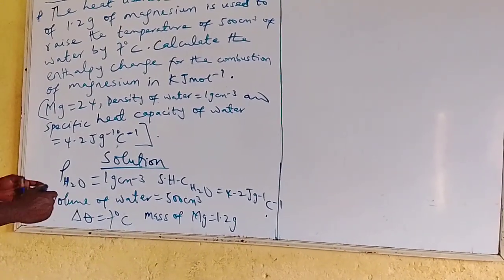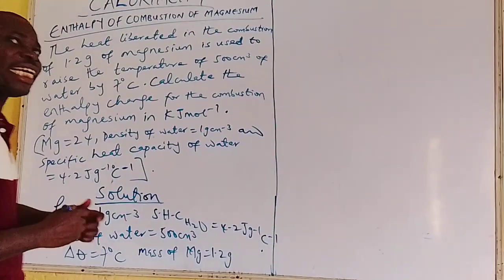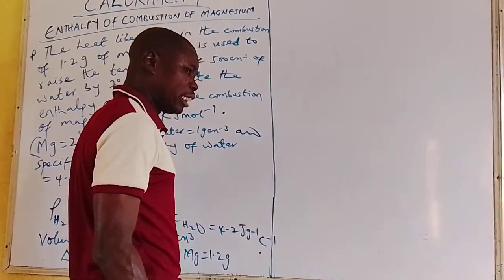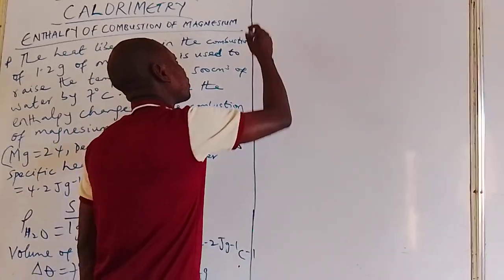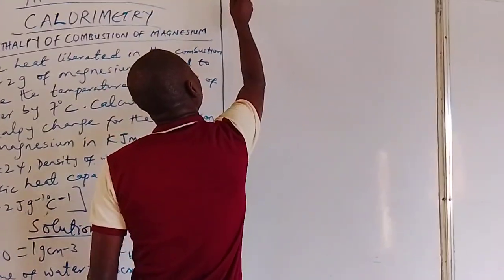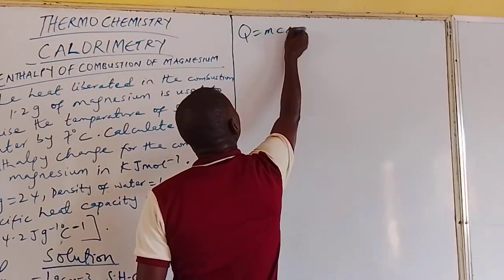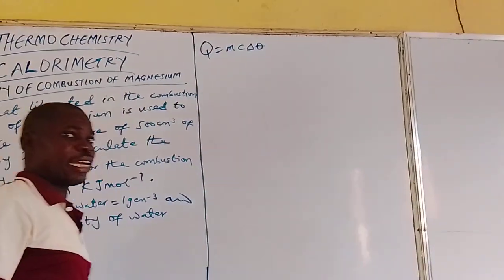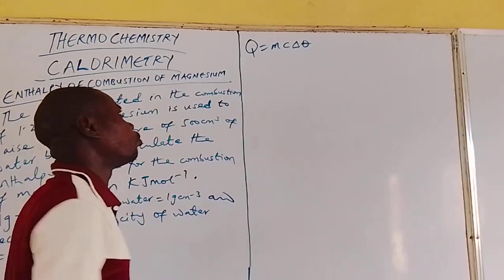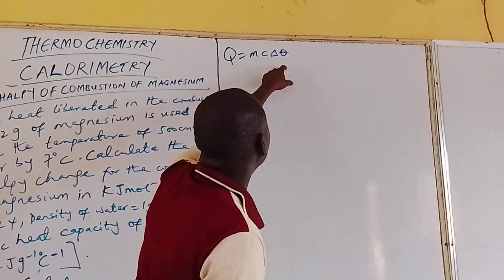So now, the next line of action is to calculate the heat gained by water. We know that Q is equal to MC delta theta. So that is Q. Q is equal to MC delta theta.